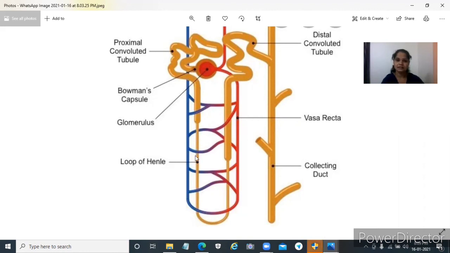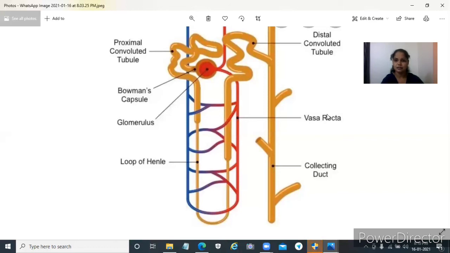This descending limb is permeable for water, while ascending limb is impermeable for water. So that's why it is obligatory absorption of water. That's a loop of Henle. While the loop of Henle in a camel is longer because it can create a greater amount of concentrated urine.